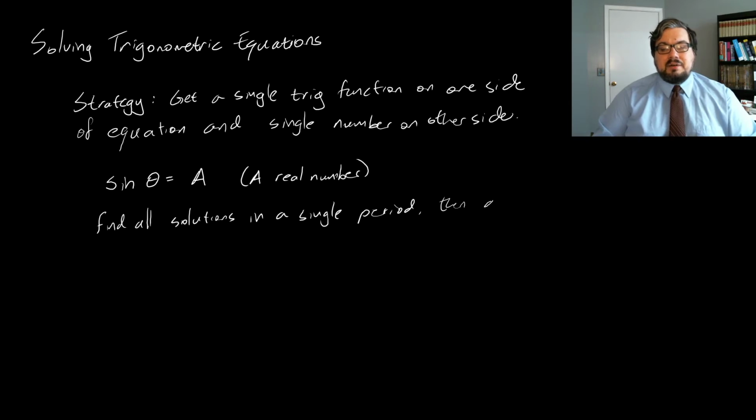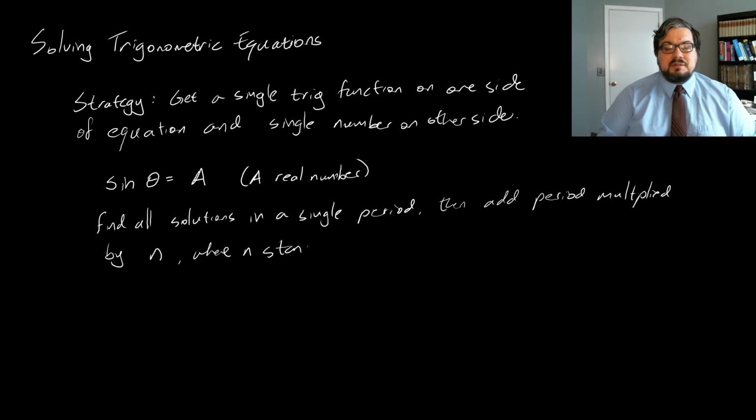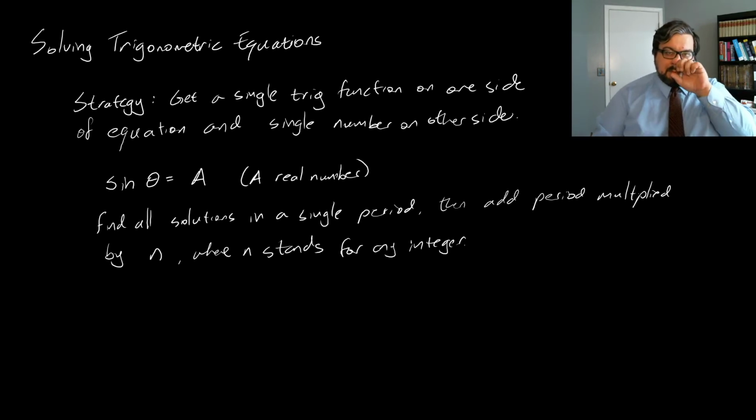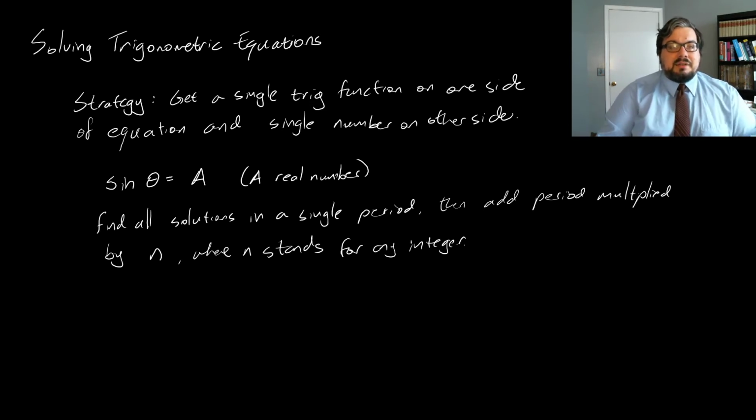Then we add the period multiplied by n, where n stands for any integer. This is the general strategy. It makes more sense when we actually go and do an example. So let's see an example on the next page.